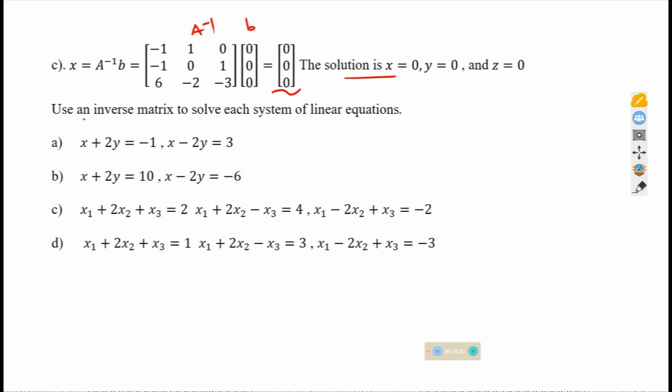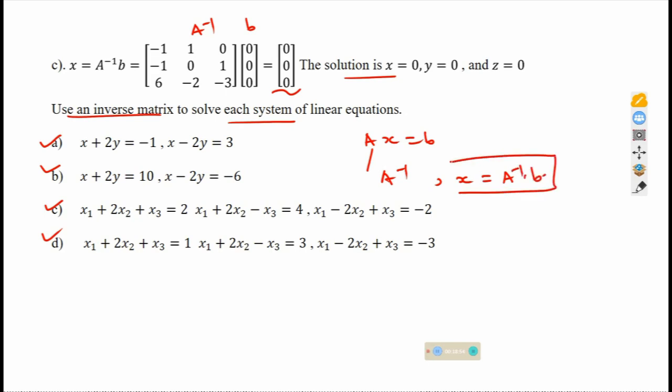So you can use the same procedure to solve this system here, part A, B, C, and D. First of all, arrange it in the form of AX equals B, get A inverse, then get X equaling A inverse times B. When you are able to get A inverse, simply multiply it with the constant terms, that is -1 and 3.